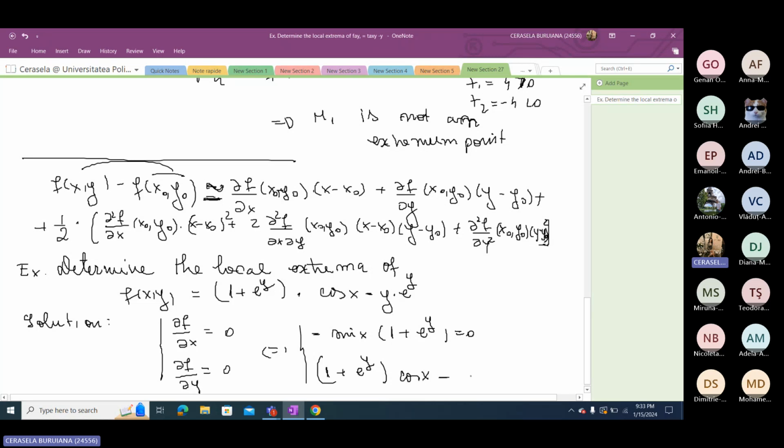But here, when I derive, it will be minus e power y. Okay, minus what we get here, it will be y times e power y. And everything becomes 0. I hope I didn't miss something. All right.